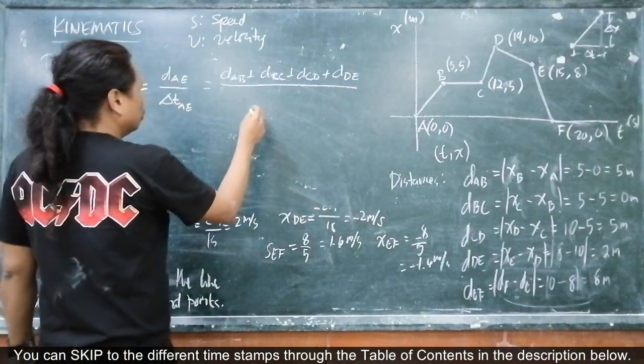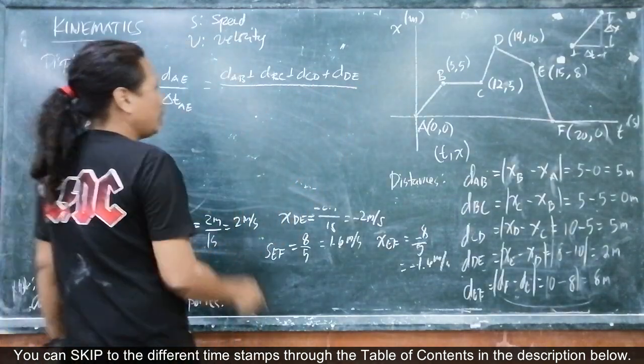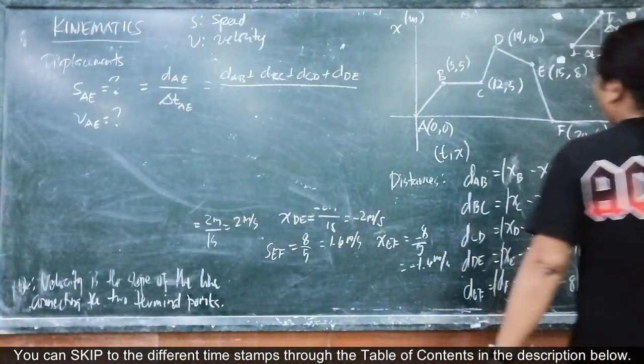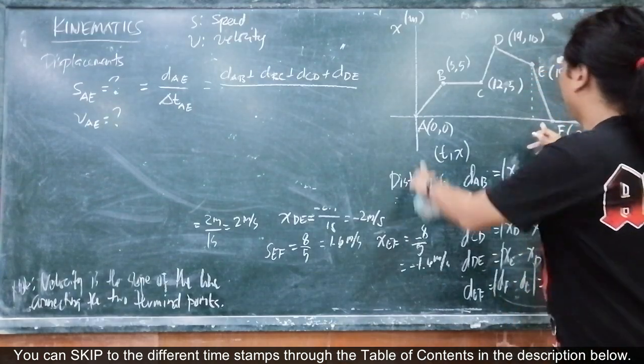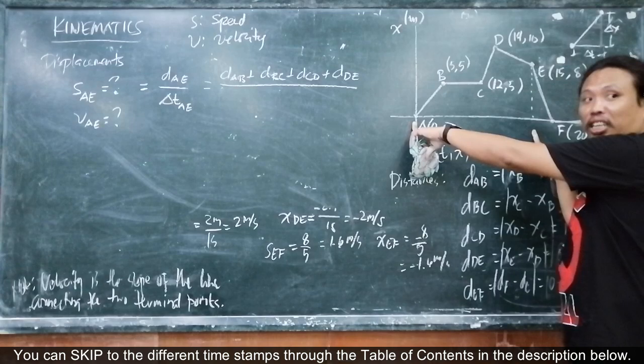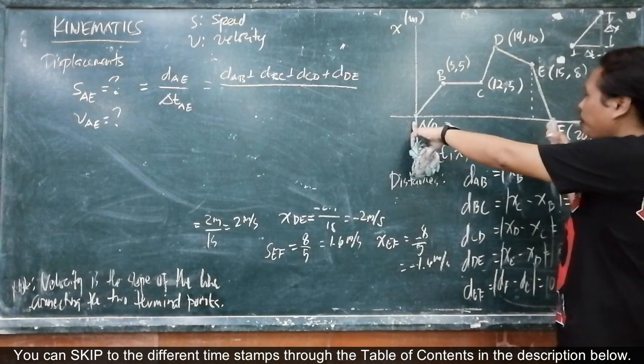Over delta TAE. What's delta TAE? Well, delta TAE is this, TE minus TA. Right? This is the elapsed time.